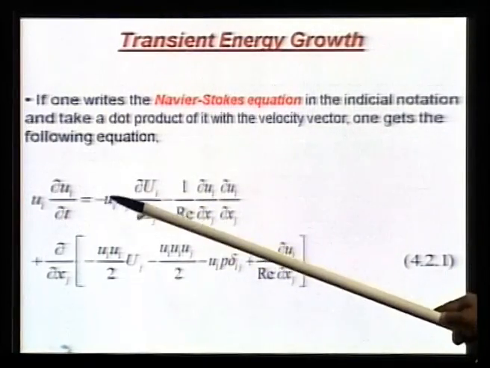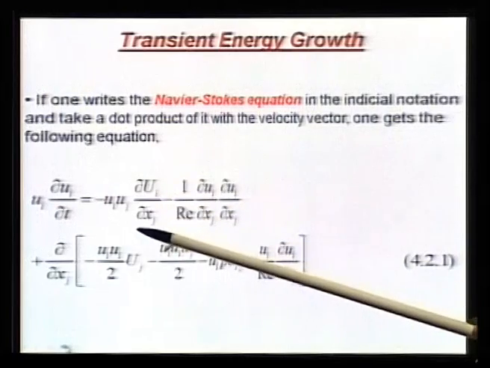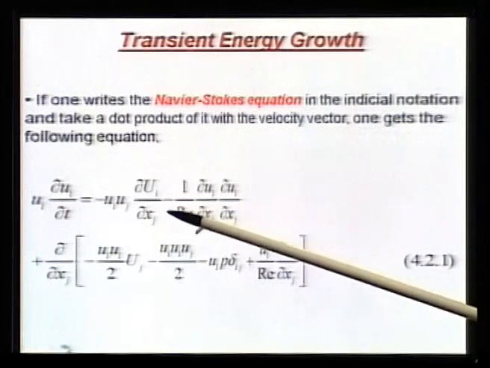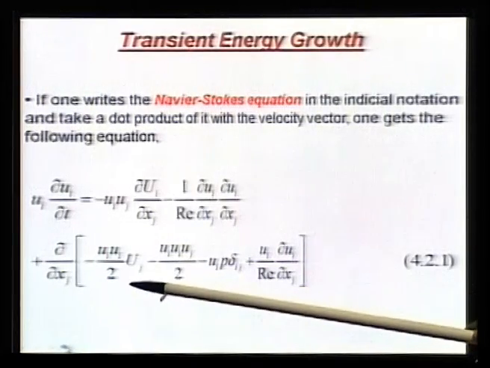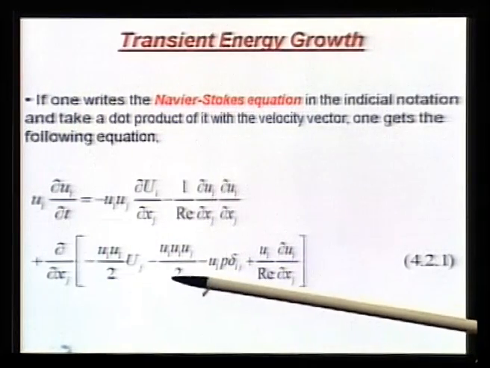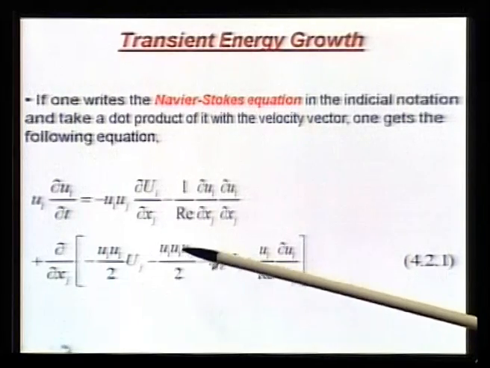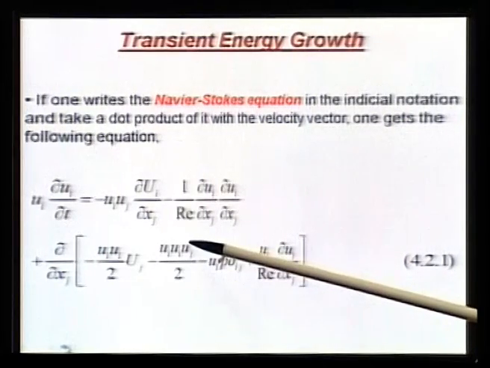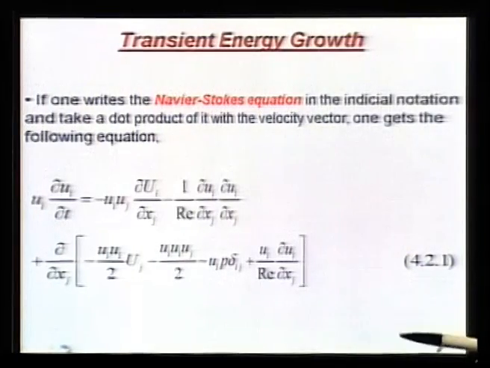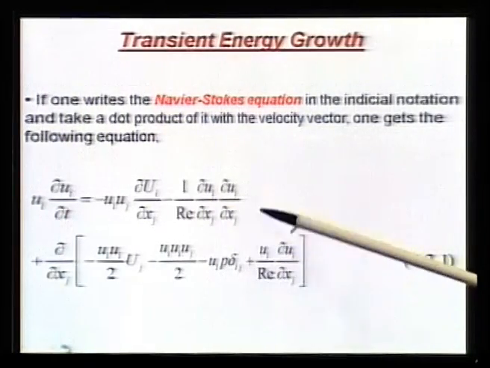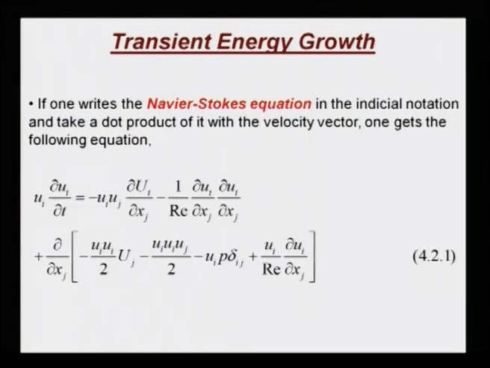One is due to the action of the disturbance stress on the mean shear, and another is a complementary term that comes as a gradient transport term here, which also includes the pressure term, the triple correlation of the disturbance term, as well as some viscous term coming here. And this is the usual pure viscous diffusion term.